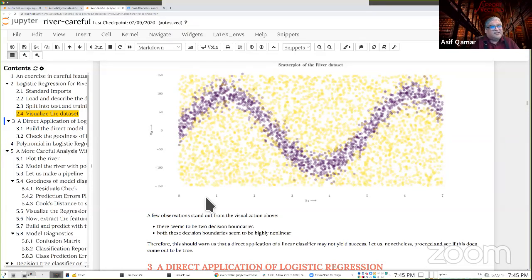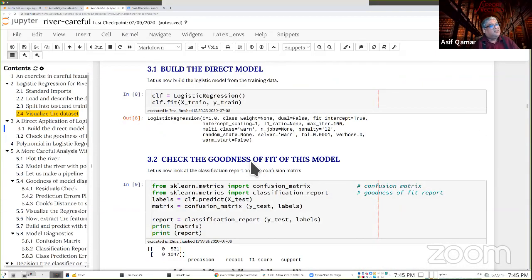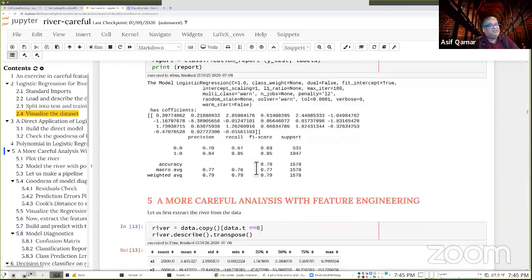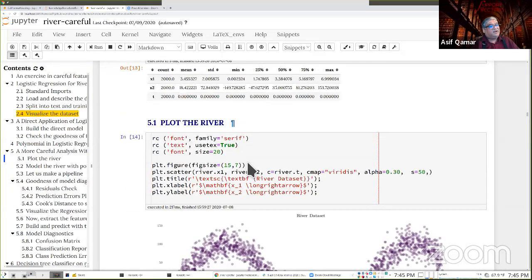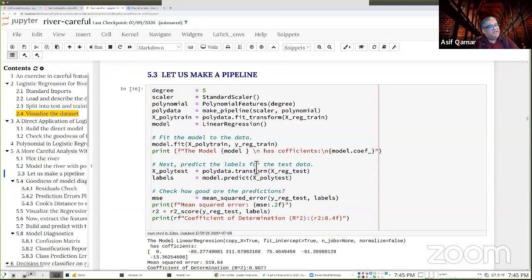Because it's nonlinear, we could do it using feature engineering and logistic regression itself. You saw us do polynomial regression, a logistic classifier with polynomial terms. We did a more feature engineering approach.